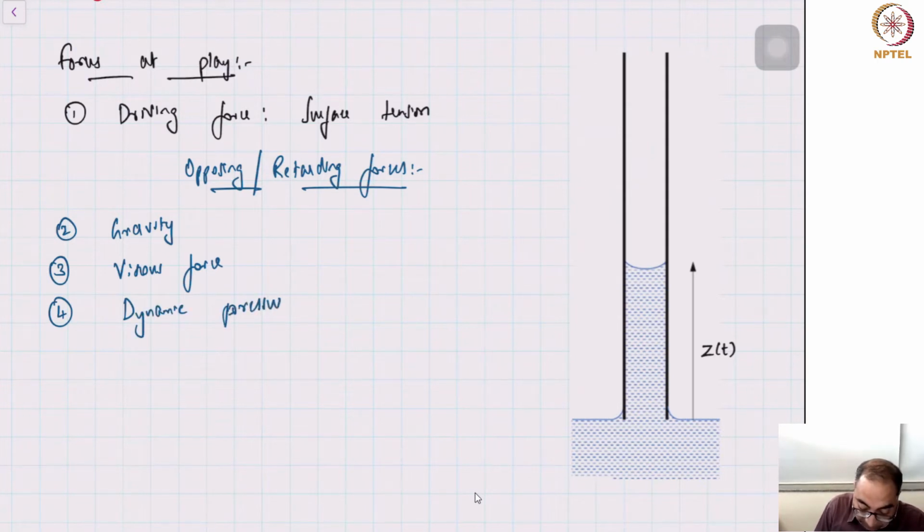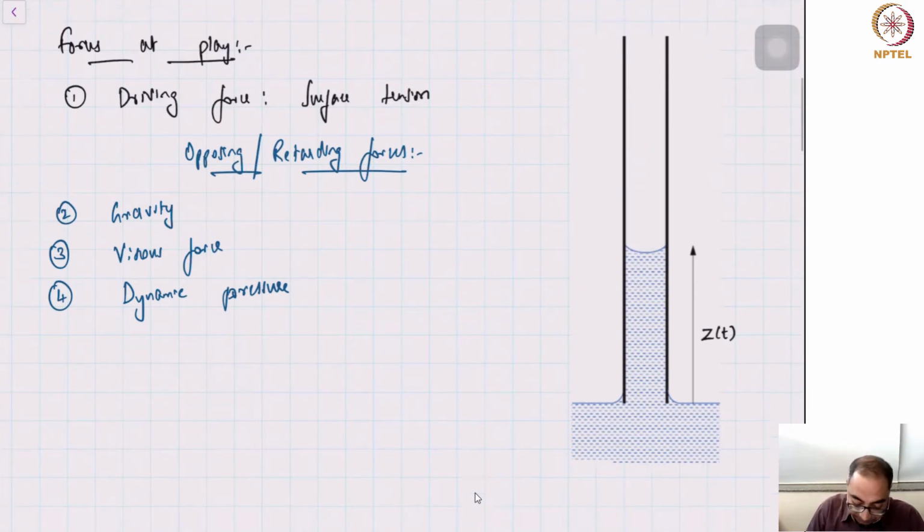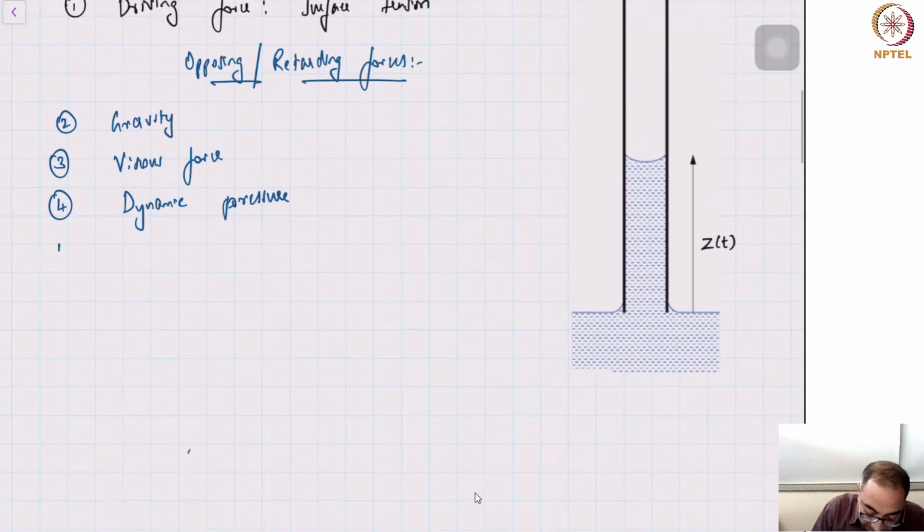We'll look at it more closely, but the general idea is that when a fluid is moving with a certain velocity, then the pressure is actually lower because of Bernoulli's equation, and that tends to pull the fluid back, and therefore it appears as a retarding or opposing force. And finally, we have inertia. The heavier the fluid is, the more force you would need to pull it up. So these are the four forces.